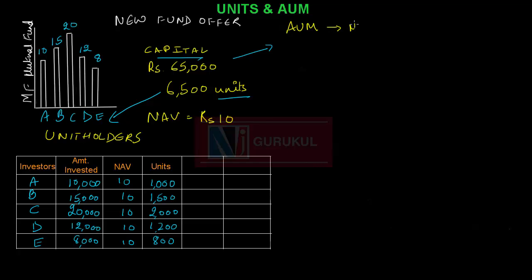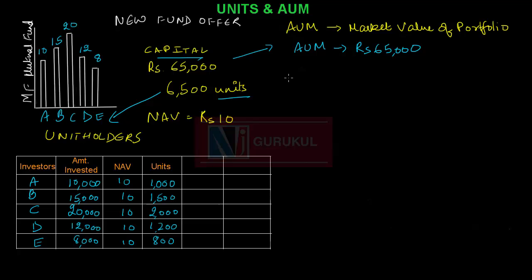AUM is the market value of the total portfolio of the scheme. And since we assumed it is a new fund offer, the market value is equal to the capital contributed by the investors. So therefore, the AUM is equal to rupees 65,000 till the time this amount is not invested by the fund manager.